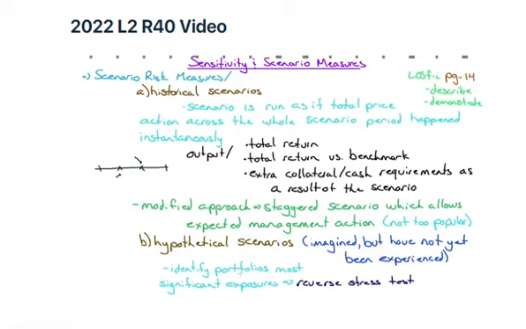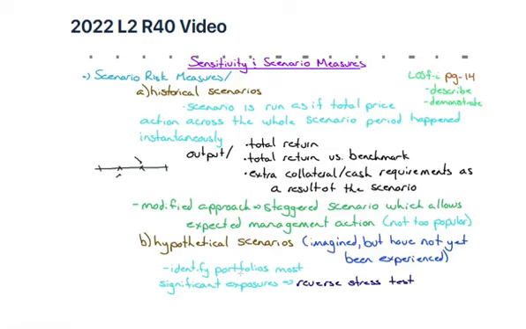In a reverse stress test, instead of going from the event to the exposure and seeing what happens, we start from the exposure and we imagine an event that would change it. Of the top 10 exposures, we're trying to imagine an event that would stress all of them at the same time.